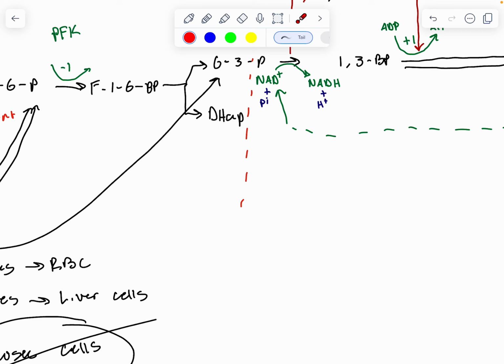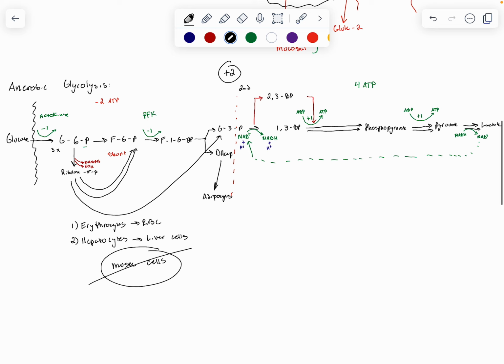Increased glucose levels and decreased ATP demand will eventually result in adipose tissue, like I said earlier. From DHAP, it'll go through a series of reactions here, but let's say you eat a huge loaf of bread, you're not very active, and you're just sitting on the couch. Well, we're going to start breaking glucose down through all these pathways, but we already have an overabundance of ATP downstream because we're not being active.